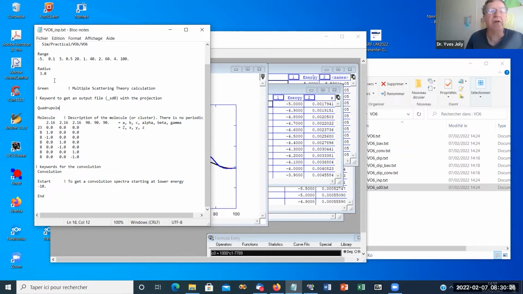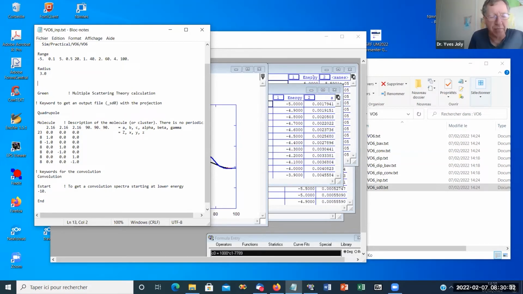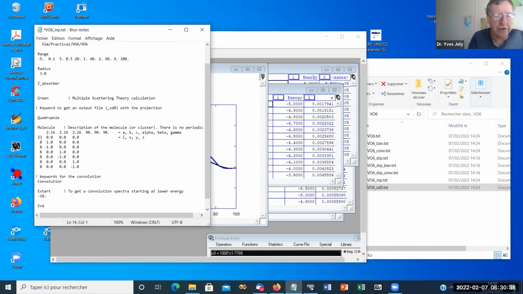But if you want to calculate another edge, you can change the atom position, but the other way is you write the keyword Z absorber, and below, if you write 23, it will be the same. But if you write 8, it will be the one of oxygen.